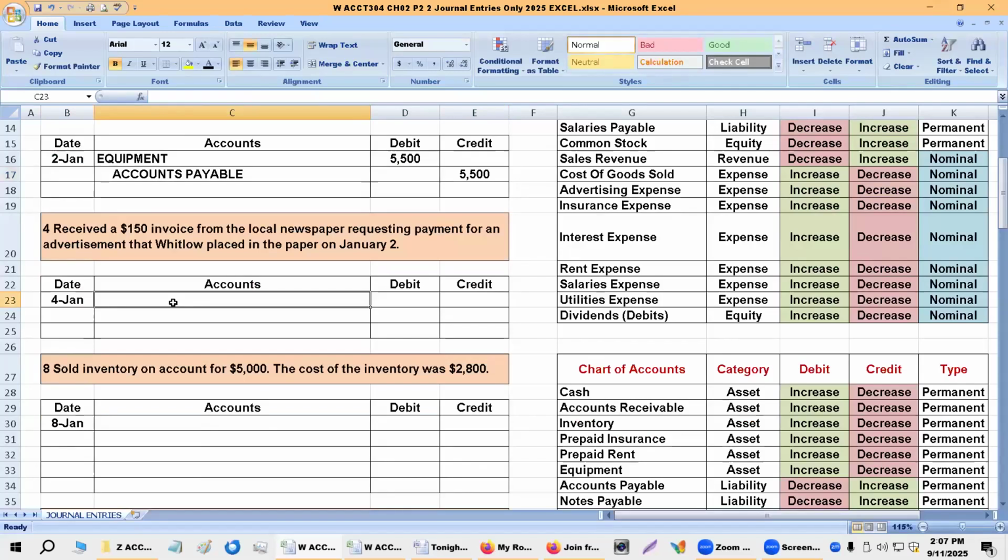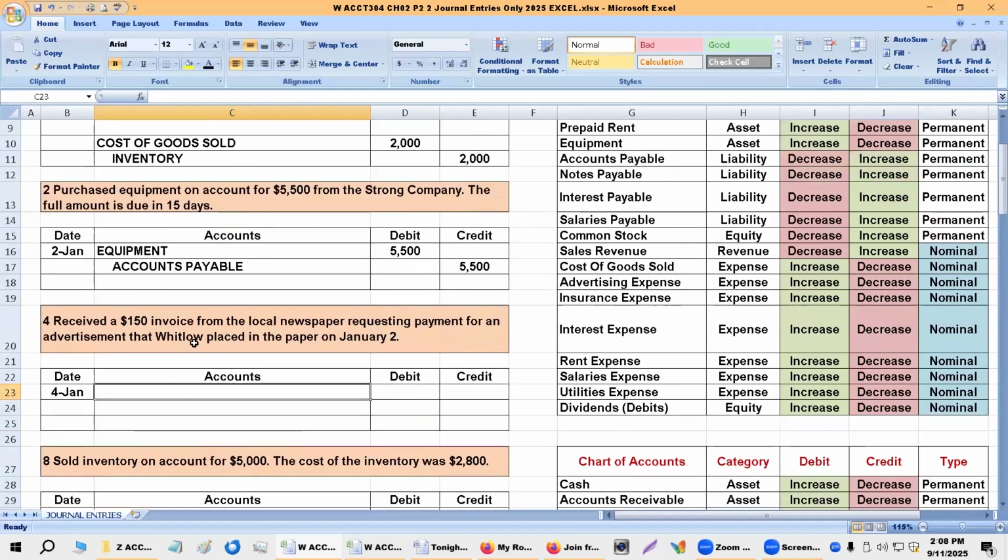Received a $150 invoice from a local newspaper requesting payment for advertising that will take place on January 2nd. Oh, okay, so we already, I get it. The invoice came, apparently, and we didn't make the journal entry at that time.